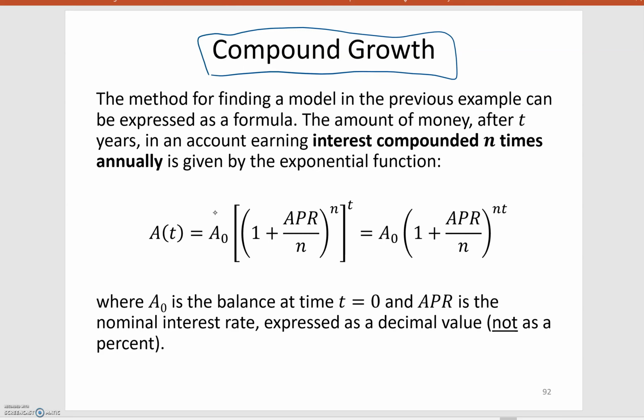So in the example we just did, it was compounded 12 times annually, so compounded monthly, is given by the exponential function A sub 0 times 1 plus APR over N to the NT. APR is the nominal interest rate, and then we compound it however many times per year. All right, so this is a big formula. You do need to memorize this.